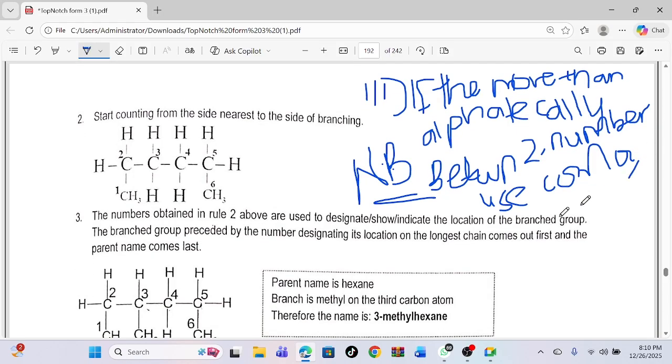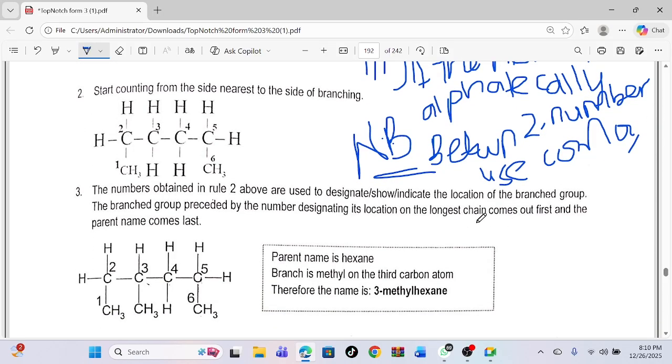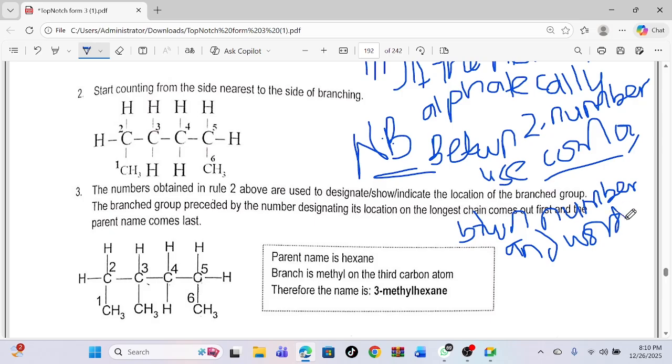And between a number and a word, use a hyphen.